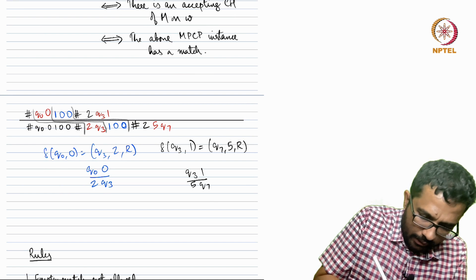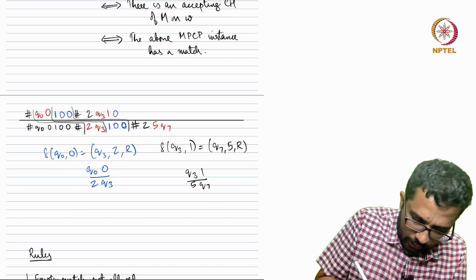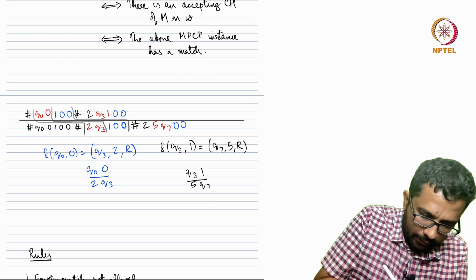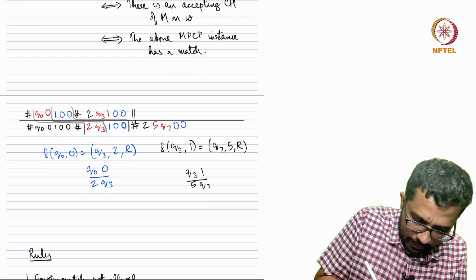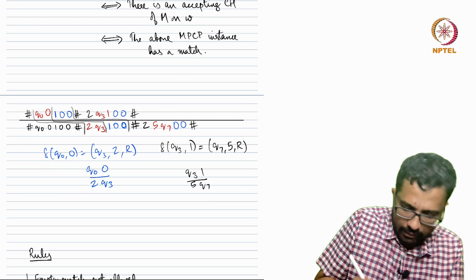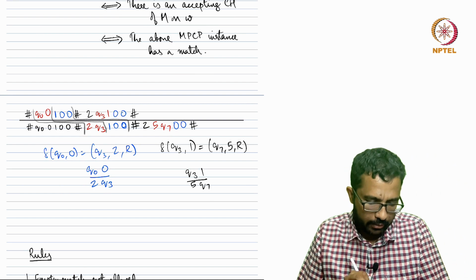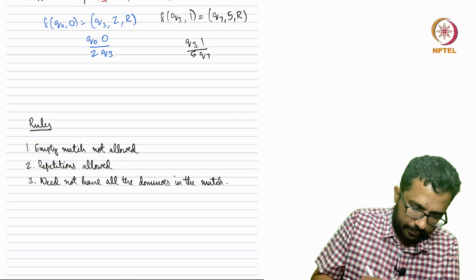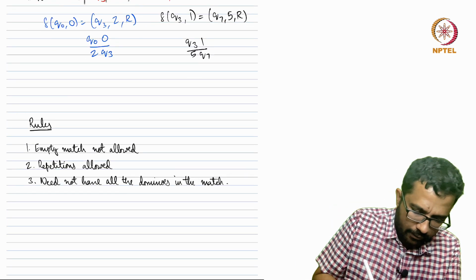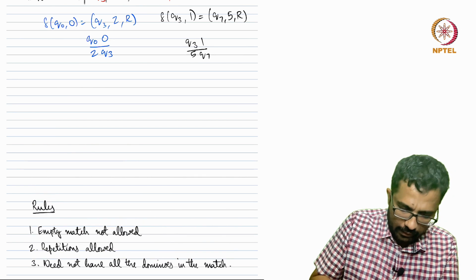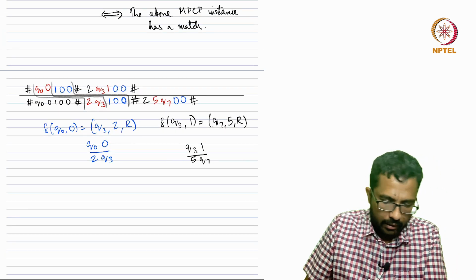And now let me have 0 on the top and 0 on the bottom, 0 on the top and 0 on the bottom, and finally let me again have hash and hash. So now again the situation is that the top is kind of lagging behind.